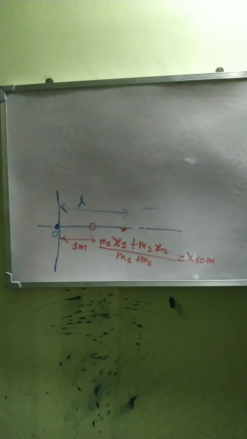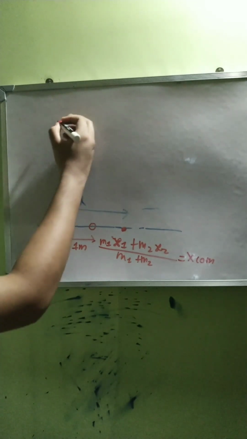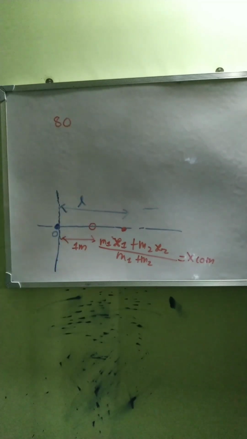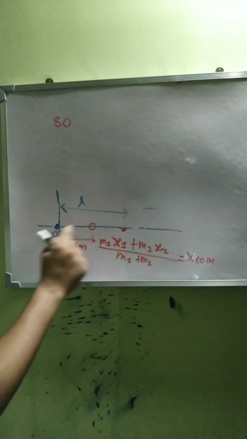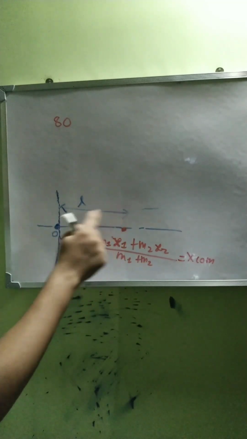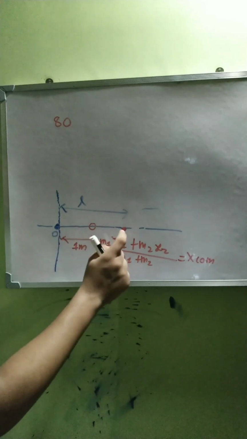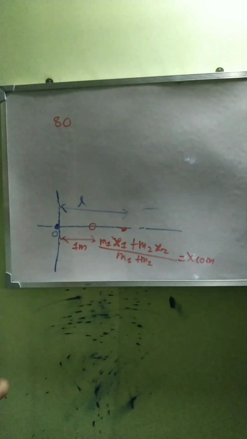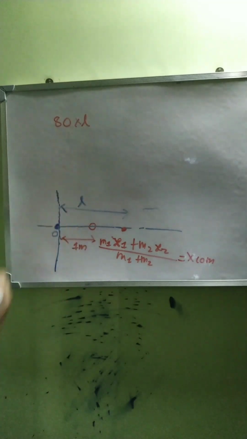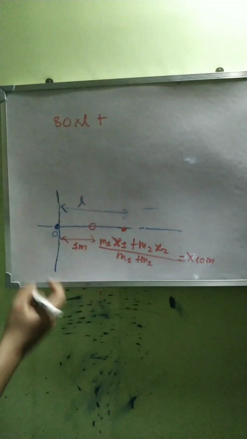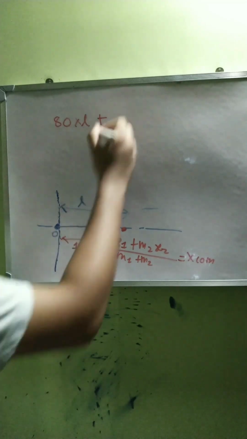So M1 should be 80 into X1. X1 means L. It is present at L comma 0, right? L comma 0. Now we don't have to take 0 along the y axis because we are dealing with the x axis. So just take L, plus M2, the mass of the man, that is 40 kg.